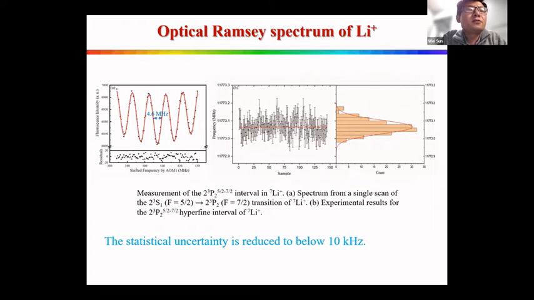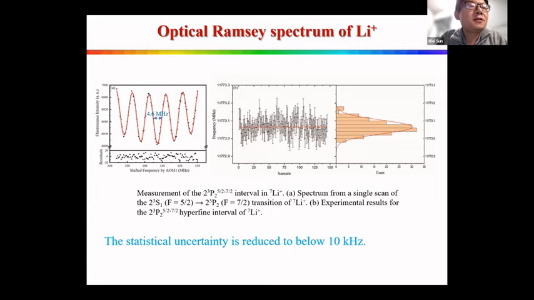So by adjusting the interval between adjacent radiation zones, we obtained Ramsey fringes with a linewidth of about 5 megahertz, which is close to the 3.7 megahertz natural linewidth, and that's much narrower than what was obtained in the saturation spectroscopy.